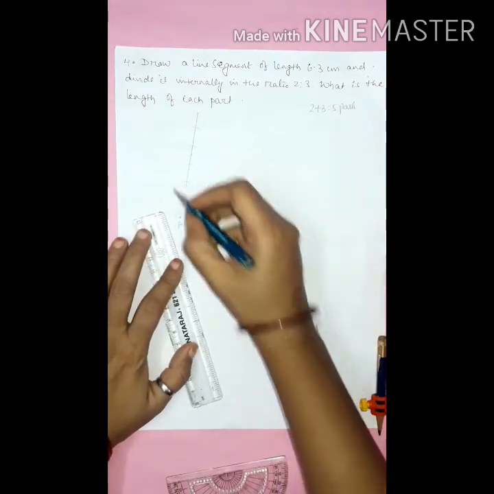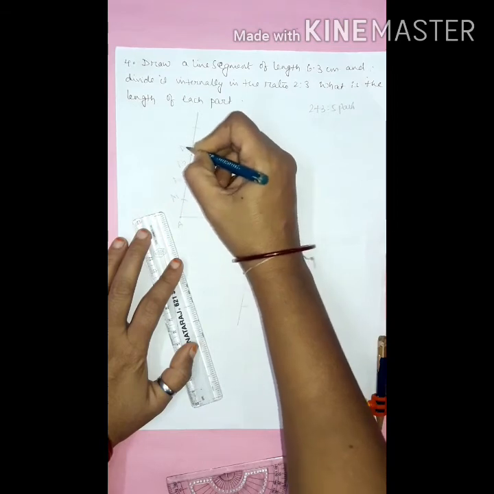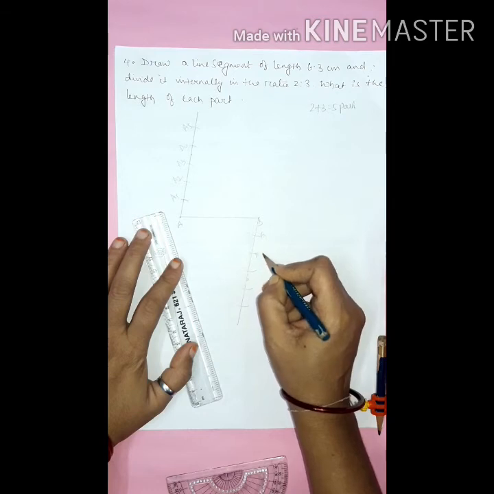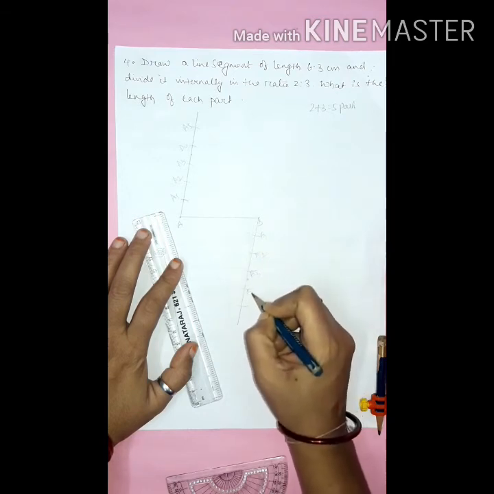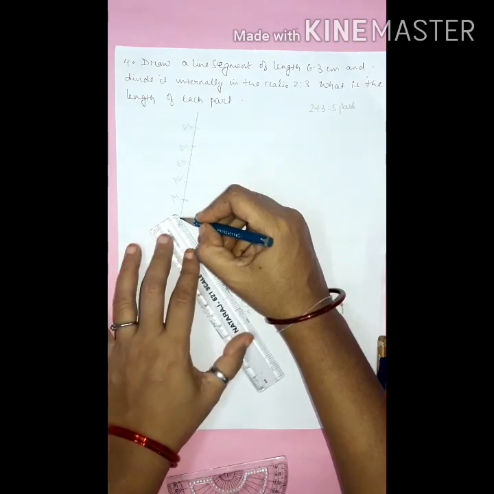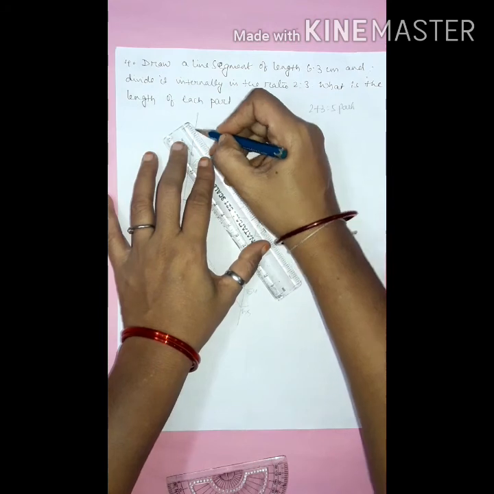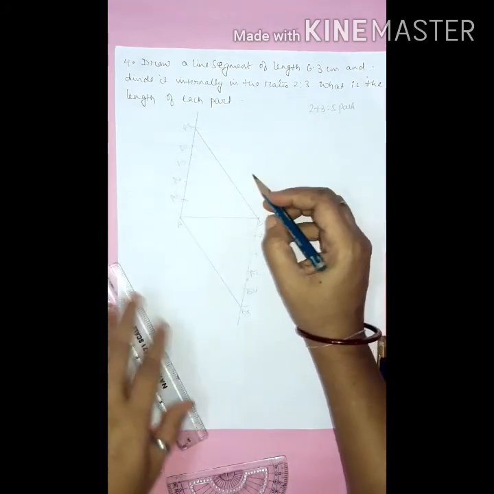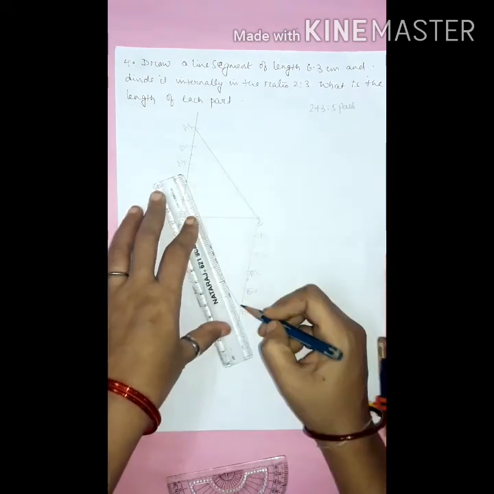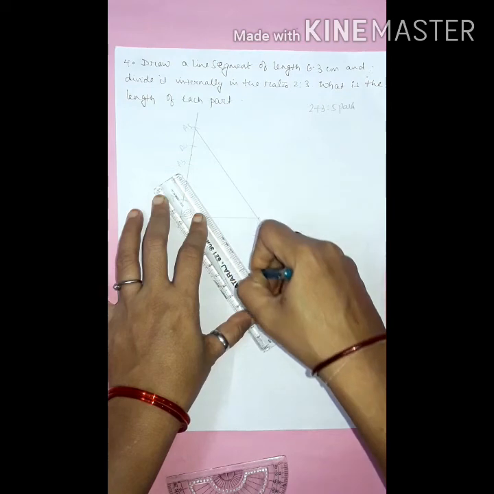Same like that, make this A1, A2, A3, A4, A5, and B1, B2, B3, B4 and B5. Now same like this, join A to B5, A5 to B. Now what is 2 is to 3? From A2 to B3 we have to join, 1, 2, 3. So 2 is to 3. Make this C.